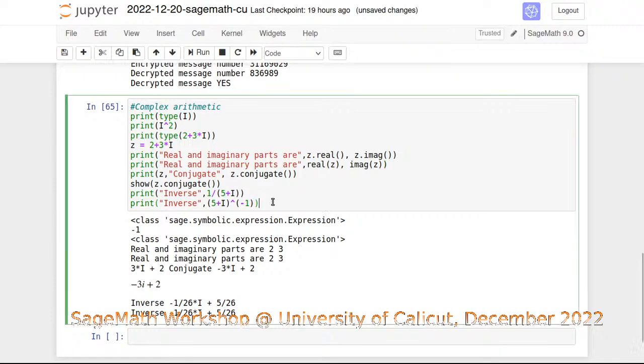Now we can find the argument also. Remember that suppose we have a plus bi as the number, then we can find the argument in some other way. If we take x plus iy to be this number, then we need to represent it as r cos theta, where r is the modulus of that.